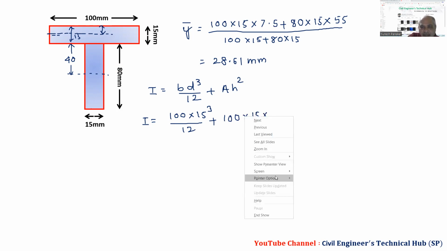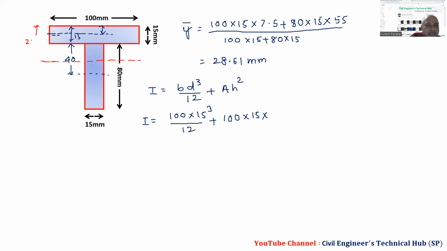Now I already told you how to find this value. Again, I will explain over here. So we have this as 28.61. So I will mark from top 28.61.